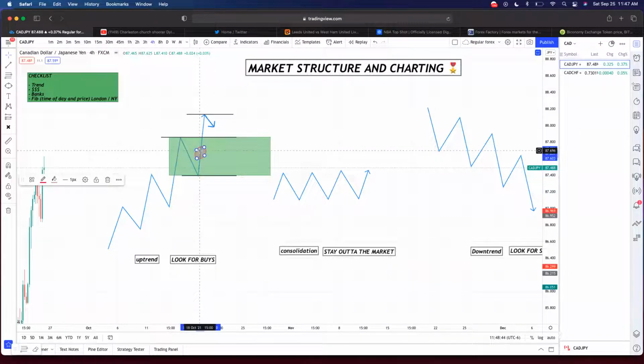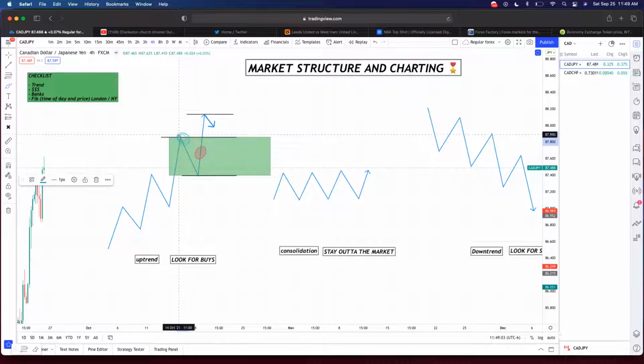If price is right here, we are in an uptrend. What that basically says is that they are waiting for price to break above the previous structure. This is structure right here.